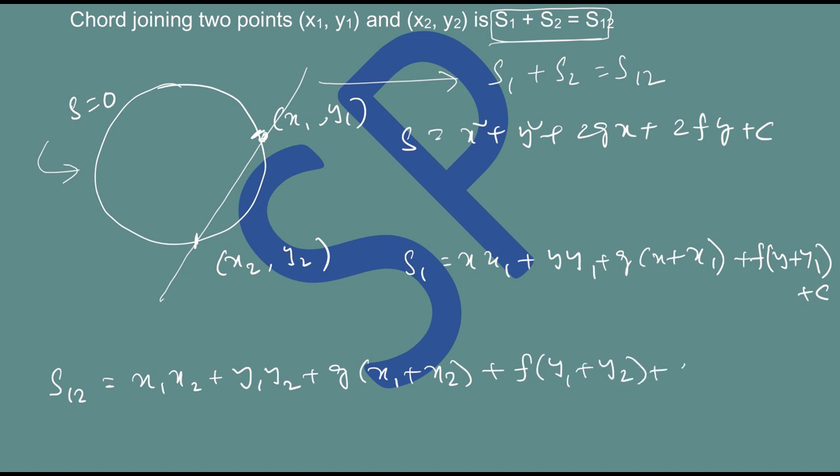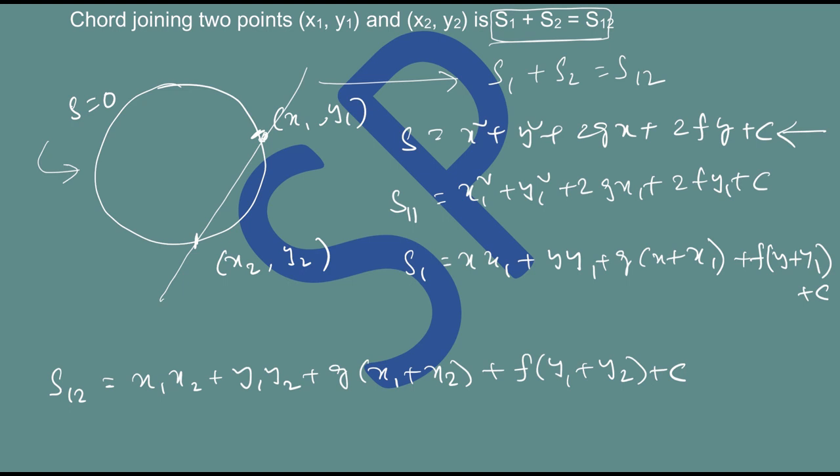y2 plus c. Observe that if I substitute the point x1 comma y1 in this, the expression I get is x1 square plus y1 square plus 2gx1 plus 2fy1 plus c, which we called S11.